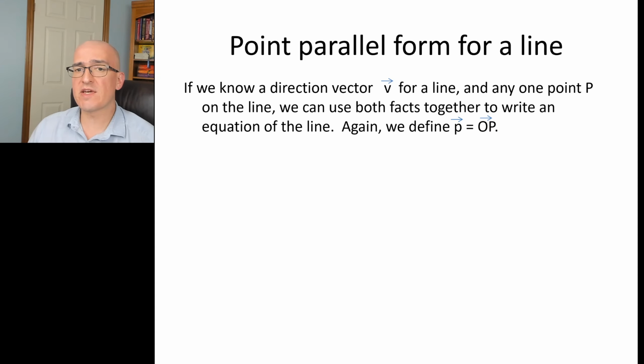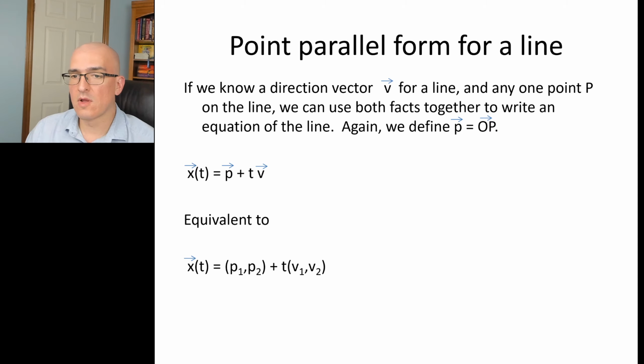We can take this idea of a direction vector and use it to actually construct a new formula, or new equation, for any line. And that formula is given here. A line can be described by a point plus t multiplied by the direction vector v. So the point P is any point on the line.